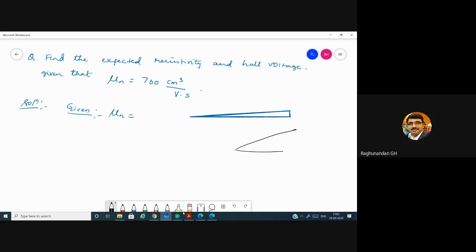We take a slab. This slab will be a combination of P type and N type, or it will be just any one, either P or N.